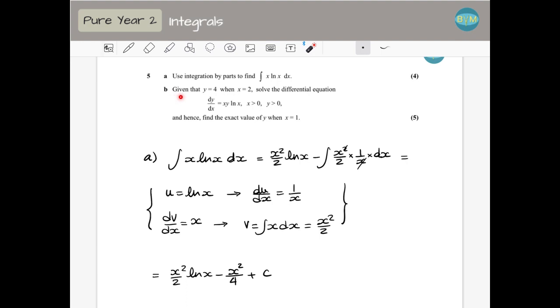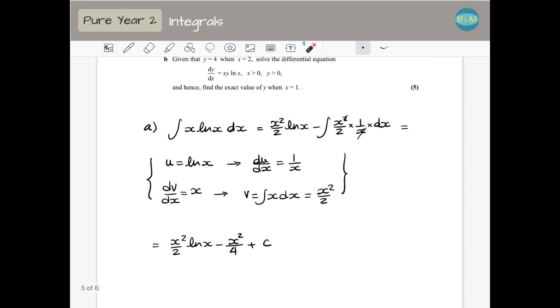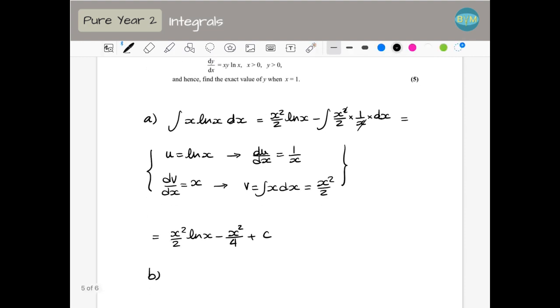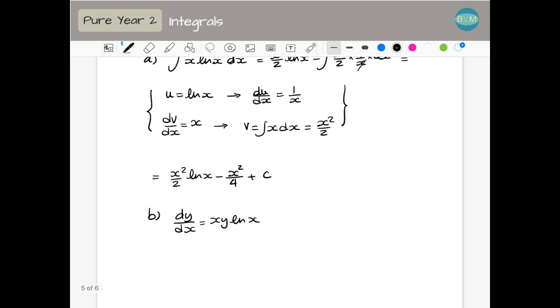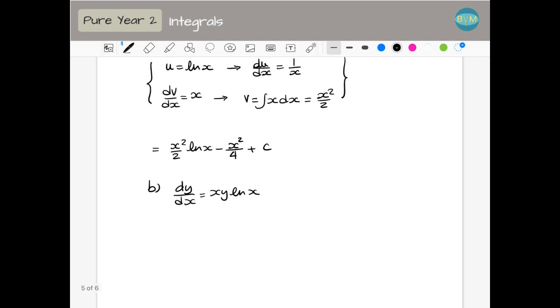Now for b, they say given that y is 4 when x is 2, solve this differential equation. So that differential equation, I'm going to copy it here. We are putting the y's together and the x together. So I have this in one side, xy ln x. So in my left hand side, I have dy divided by y.